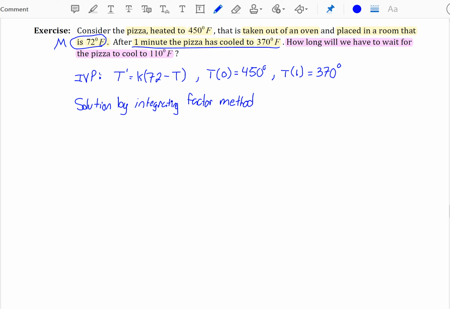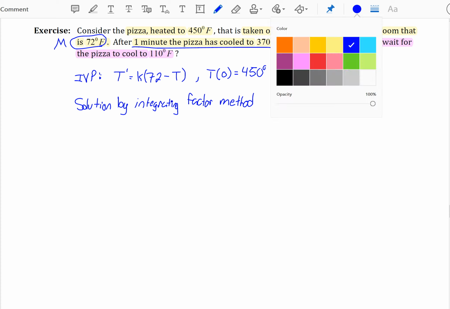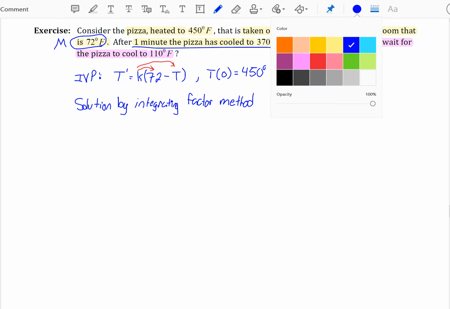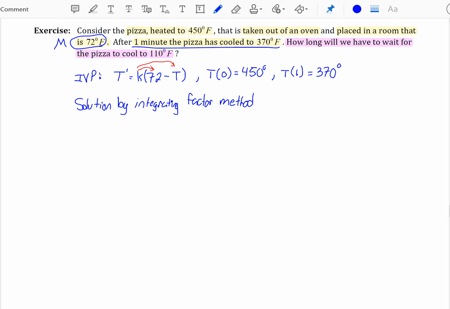To apply the integrating factor method, I would like to rewrite this differential equation in the standard form for a first-order linear differential equation by distributing your constant k and then getting all the variable t on the left-hand side. Now, if we distribute k, we'll have T prime is equal to 72k minus kT.